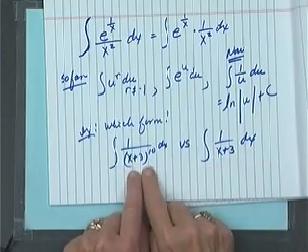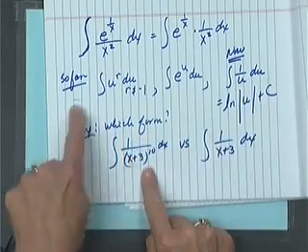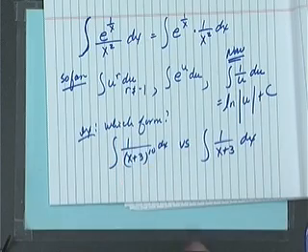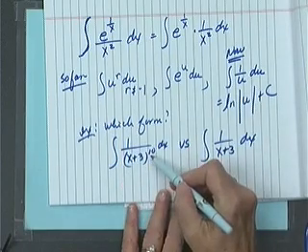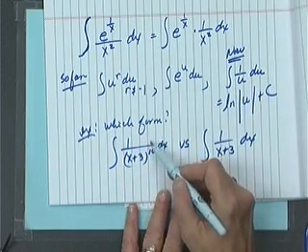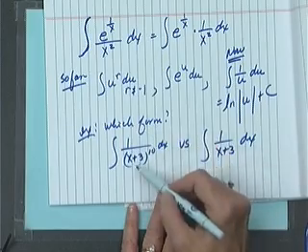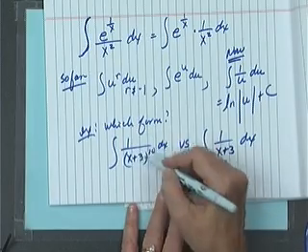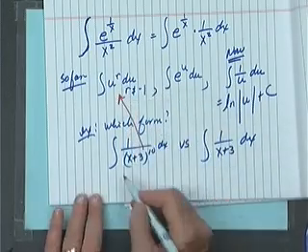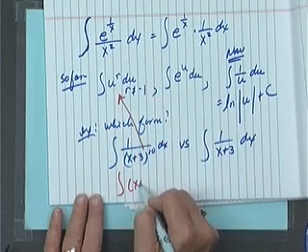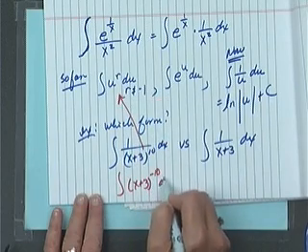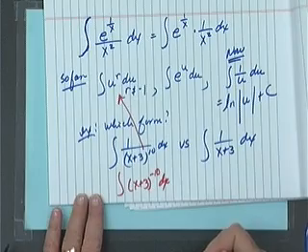Which form do you think the first one's going to fit of these three? If you rewrite that, that's going to be to a negative 10 power, right? So it's going to have to fit a u to the r, because you're going to have to rewrite that as x plus 3 to the negative 10 dx.